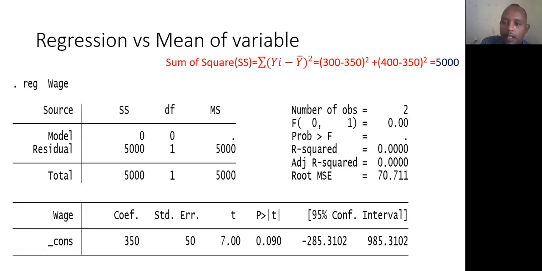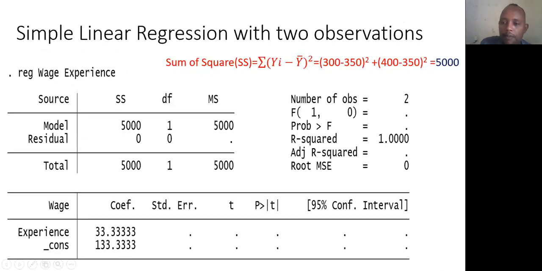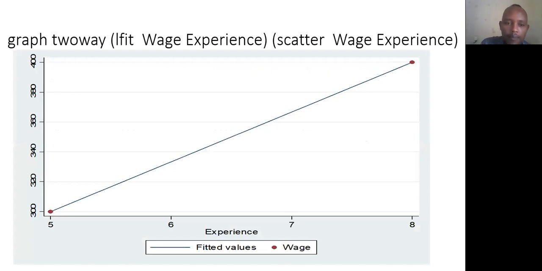Here, the value is 0 if there is no independent variable, and if we include only two observations, R square tends to be 1, because, look at here graphically, both observations are captured by the regression line.